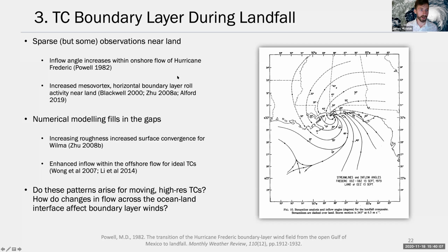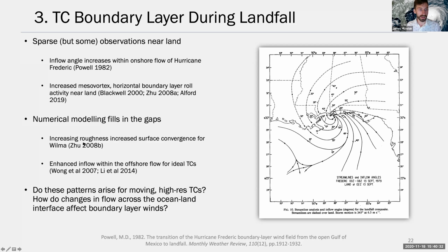Other studies have found increased mesovortex and horizontal boundary layer roll activity near land, which again complicate the structure of the boundary layer and create headaches for trying to understand the vertical profile. Luckily, numerical modeling helps to fill in the gaps from the lack of direct observations.